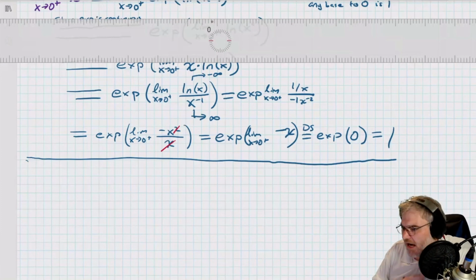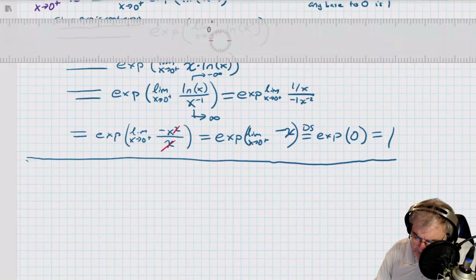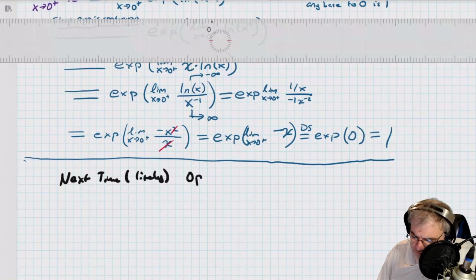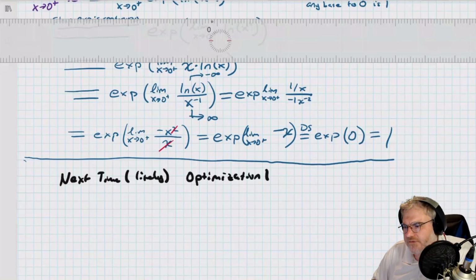And then we've got optimization coming up. So I'll probably do optimization 1 first. So next time will likely be optimization 1. And then we'll do derivatives and the shapes of graphs. And then we'll do more optimization problems.